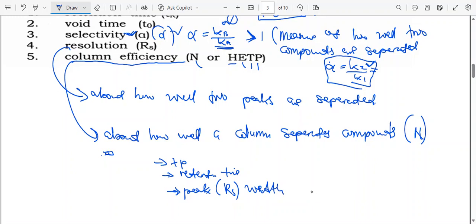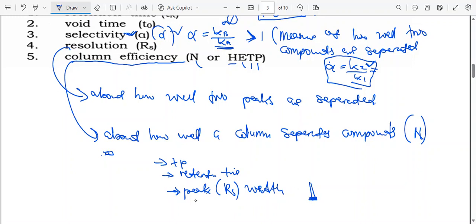Why? Because the width of these peaks matters for column efficiency. The peaks are differentiated by the baseline when the resolution is 1.5. The ability of a column to separate two compounds depends on the baseline as well, so the peak width also matters.